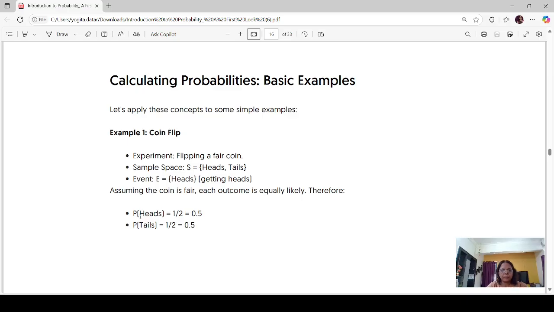So the probability of getting head is n of E upon n of S, that is 1 by 2, which is equal to 0.5. And the probability of getting tail will be 1 minus half, that is 0.5, as you know that the total probability of the experiment is always equal to 1.